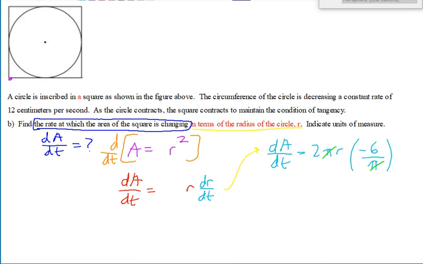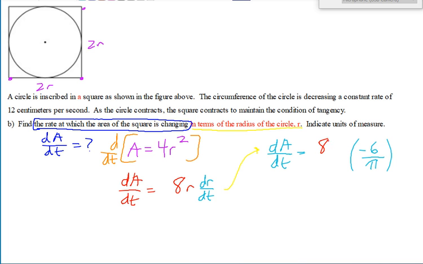So the square is 2r and 2r. So it'd be 2r times 2r, so it'd be 4r squared instead of pi r squared. Which means the derivative would be 8r, right here. And then instead of 2 pi r here, where the pi's cancel out, we've just got 8r right here.